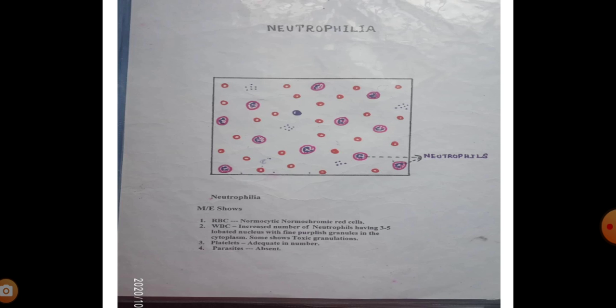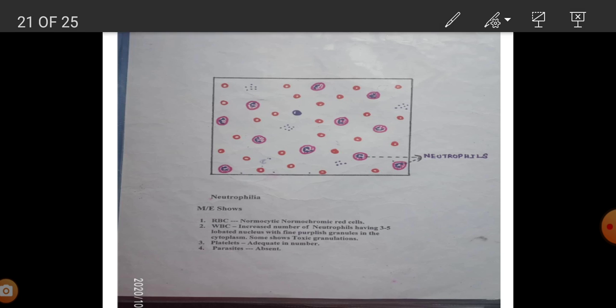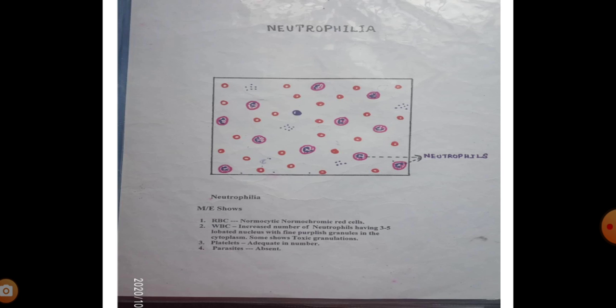You always draw the picture, then you comment on the RBCs, WBCs, platelets and the parasites. The RBCs you should write as normocytic normochromic. WBCs are increased in number of neutrophils having 3 to 5 lobes with fine purplish granules in their cytoplasm, and some show toxic granulation.